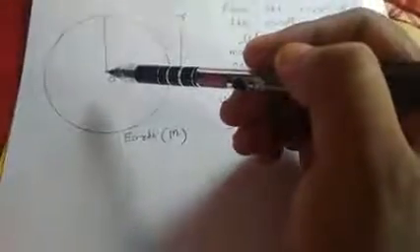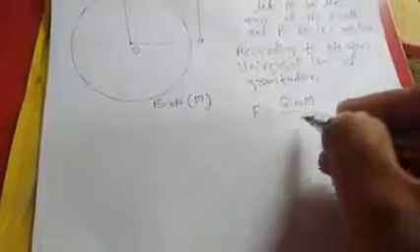When this object is released, it will fall downwards due to the gravitational force. A gravitational force will act on this object, and this gravitational force F is equal to G into small m into capital M upon R square, where G is the universal gravitational constant, small m is the mass of the object, capital M is the mass of the earth, and R is the distance between the center of the earth and the object.